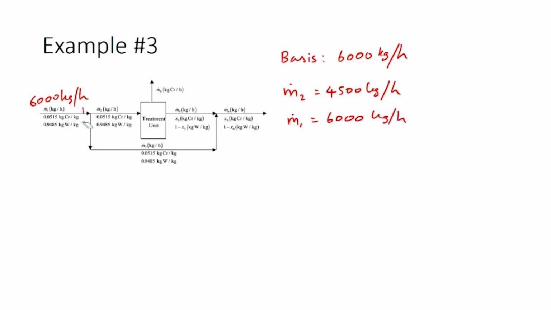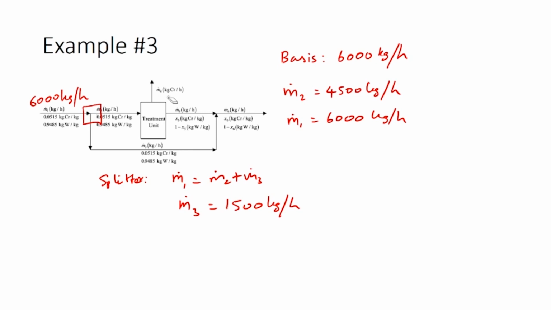If you write a material balance for the splitter, you have one total balance: M1 dot equals M2 dot plus M3 dot. Using this you can get M3 dot as 1500 kilograms per hour. So, we now have M1 dot, M2 dot and M3 dot.